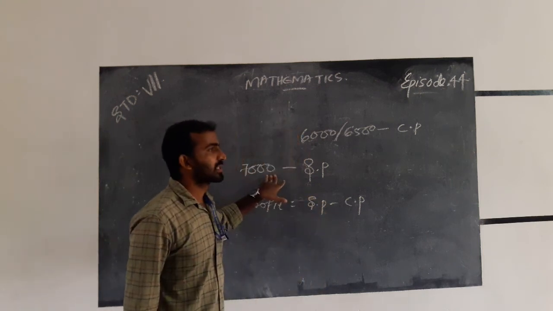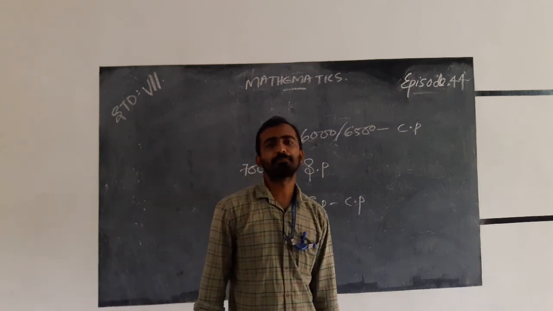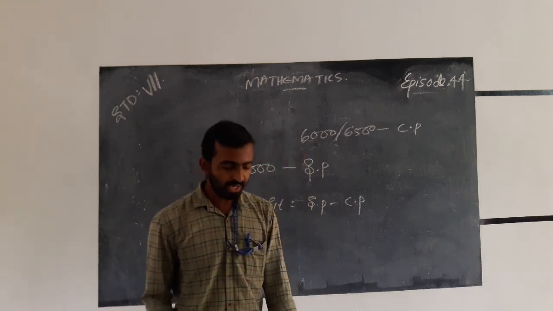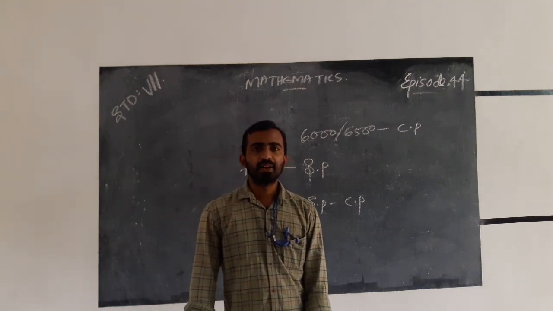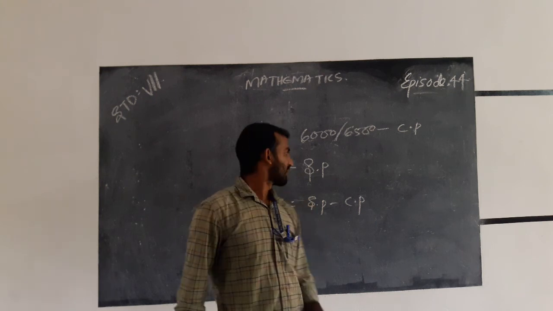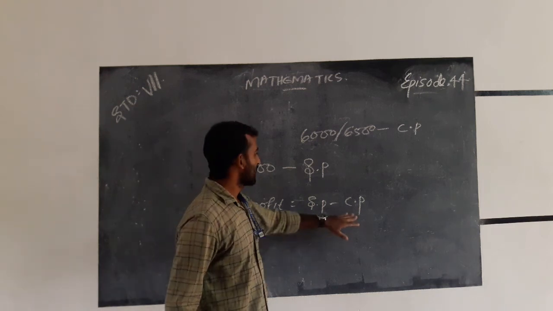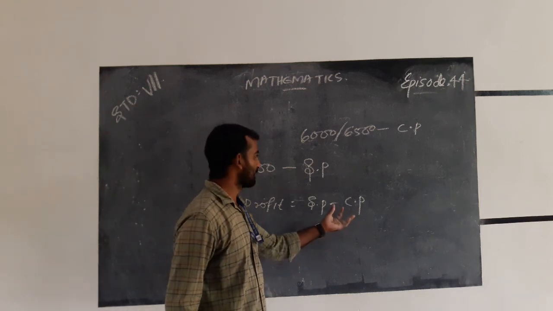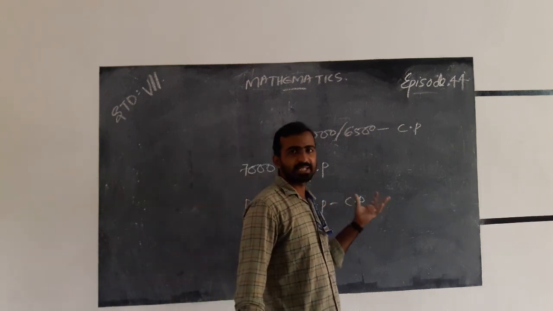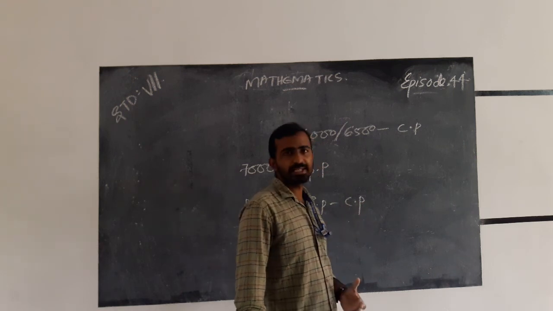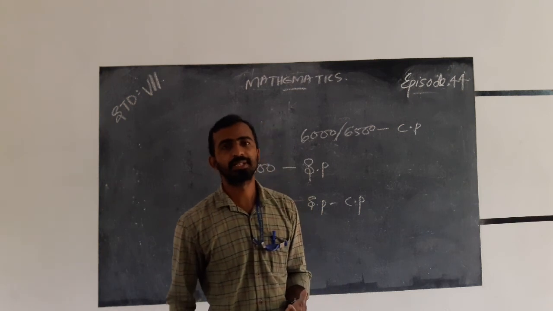From here, 7,000 minus 6,000 gives 1,000 as profit. And loss is cost price minus selling price. In profit, the selling price is big and the cost price is small. In loss, the cost price is high and the selling price is low. Is it clear?